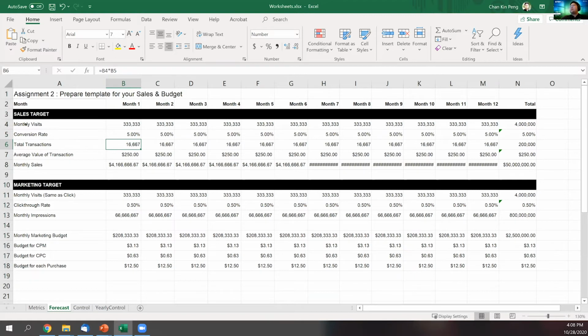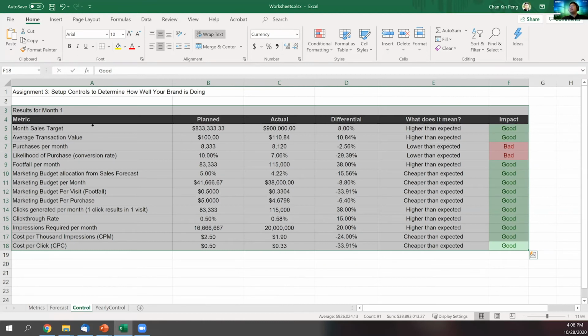So once you start preparing this in a sheet, what you typically want to do here is use these numbers in order to control and navigate the outcome based on the results that you document. So what does this mean? It means that, for example, let's assume that we are focusing on the results of the first month.